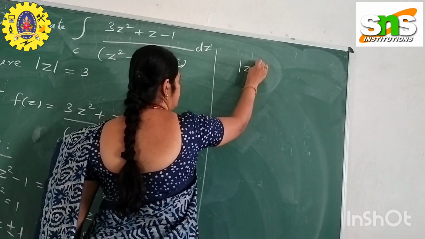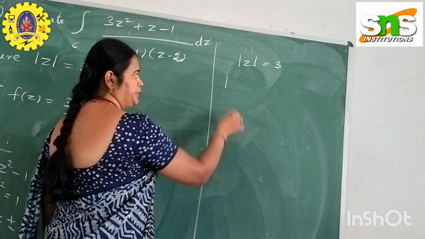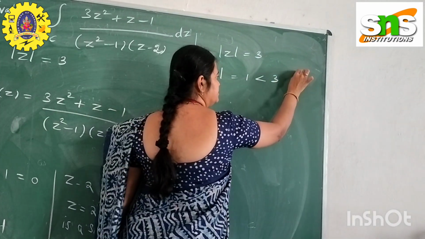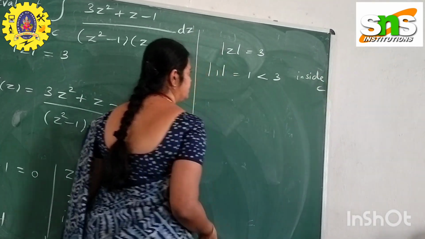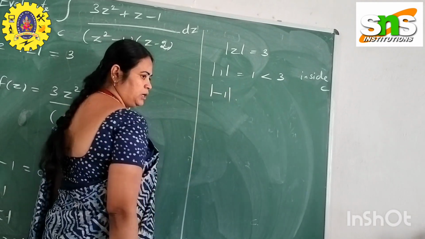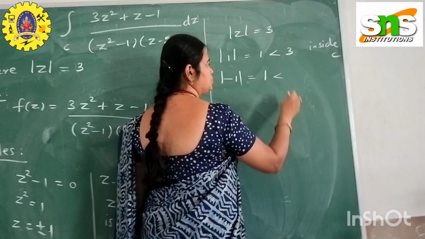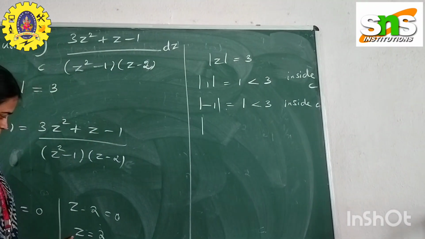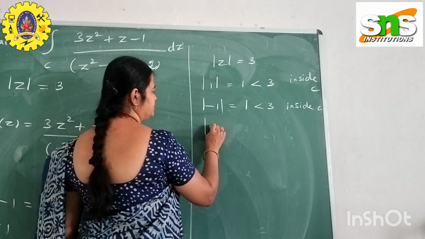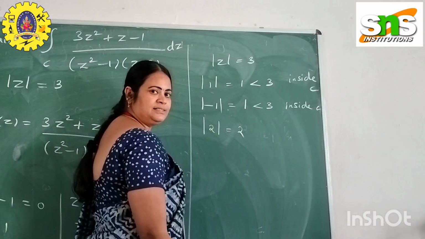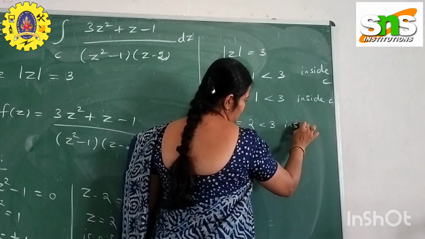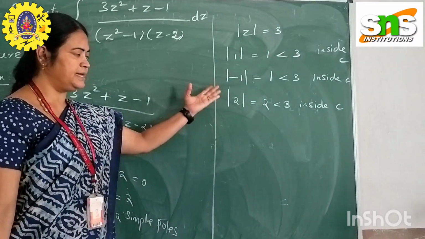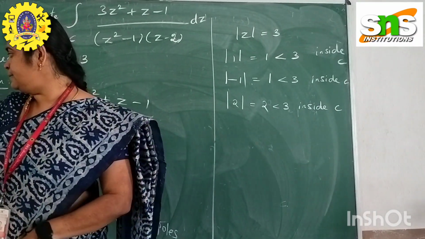For the first point, modulus of 1 equals 1, which is less than 3, so it lies inside C. Similarly, the second point, minus 1: modulus of minus 1 equals 1, again less than 3, so it also lies inside C. And the third point, z equal to 2: modulus of 2 equals 2, which is also less than 3, so it lies inside C. So all 3 poles lie inside C, and we can find the residues simply using the simple pole formula.